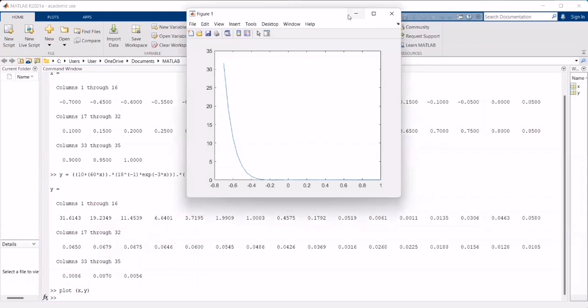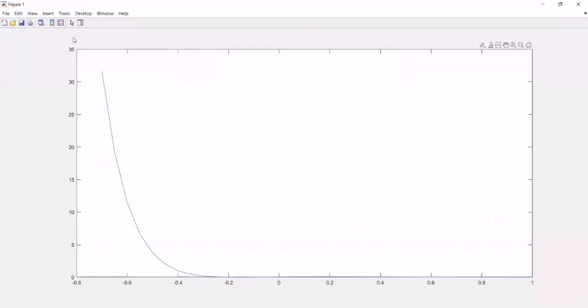Then we got the graph. So we need to label energy in joule, and time at the x-axis in second. And for the title, energy versus time.